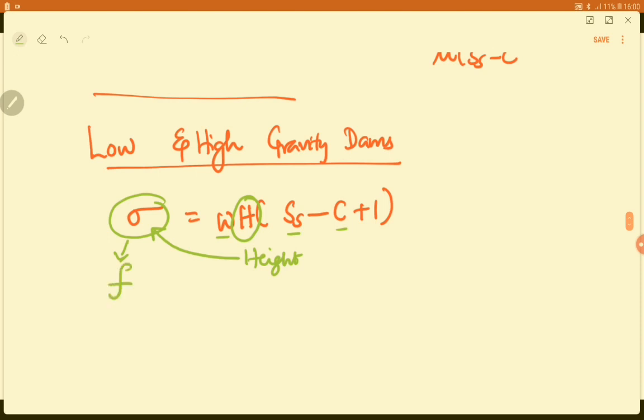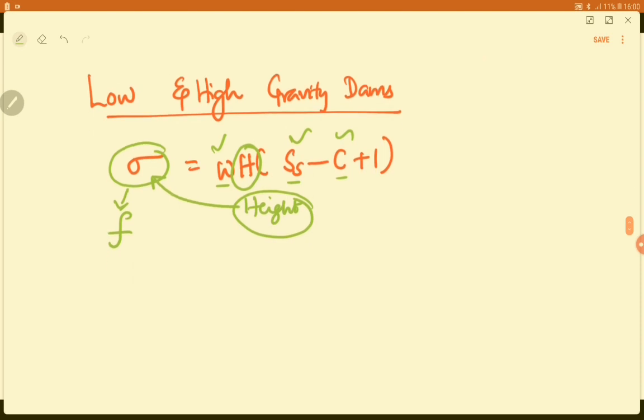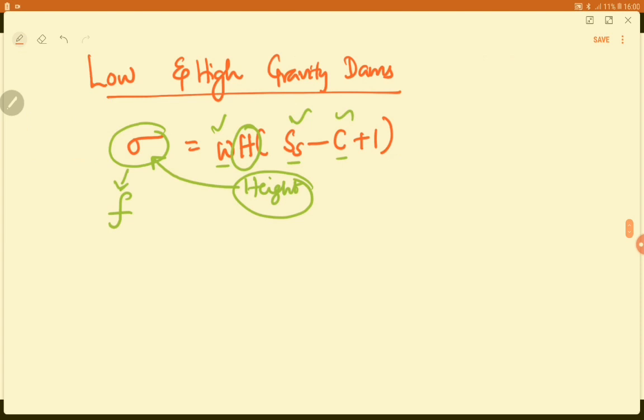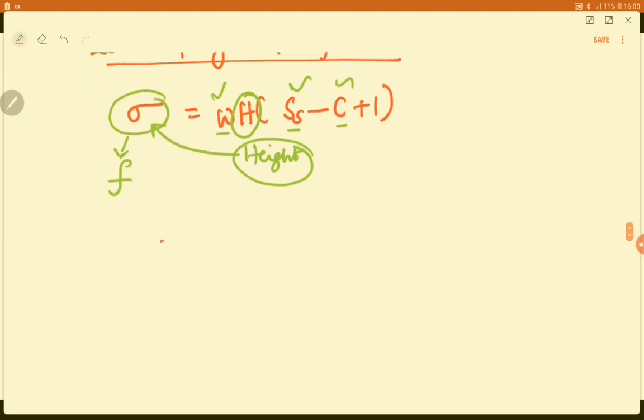Okay, this is the allowable compressive strength of the material. For an allowable compressive strength, you have a particular height that is possible, isn't it? Because all the other terms are constant here. So you can write this equation as F is equal to W into H into (SS minus C plus 1), right?